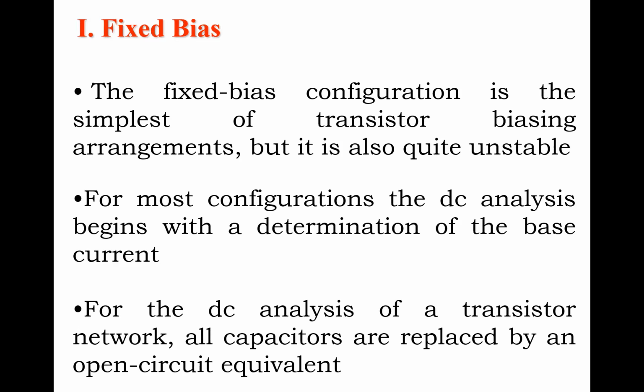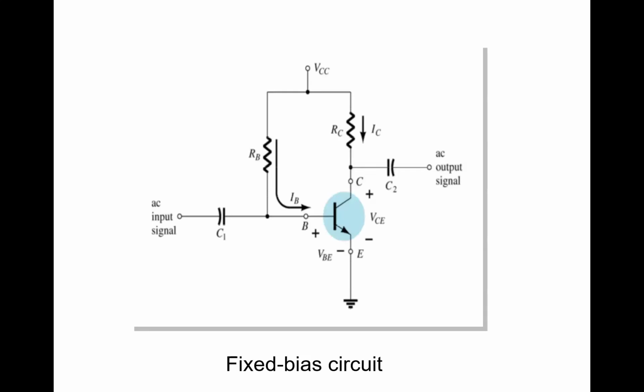Then we move on to draw a DC equivalent circuit of a fixed bias. If you see the figure of a fixed bias circuit, here the capacitors C1 and C2 are connected at the input and output side, and the base resistor is directly connected to the DC biasing voltage VCC. That's why it is a fixed bias circuit.